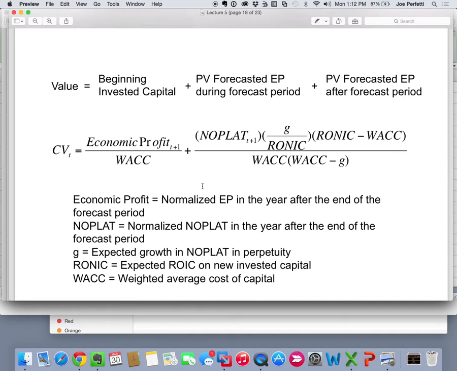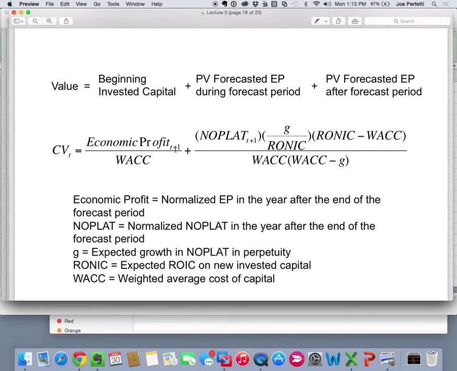So we had to put this formula with the correct order of operations into our Excel model. This is actually going to be the toughest part of your assignment here. Just making sure you put it in right. So hopefully we'll get it right in the first try. If not, we can manipulate it. But the one thing that's new in this version of continuing value is economic profit in T+1.